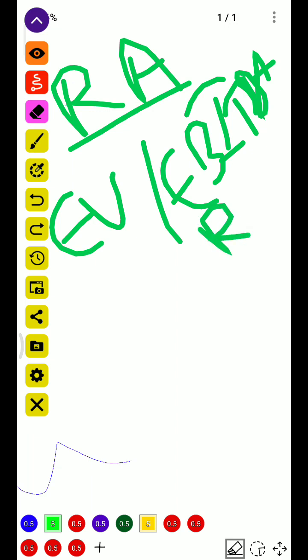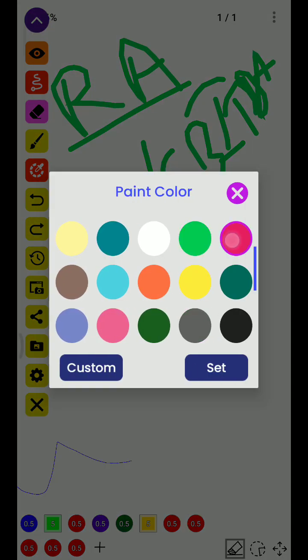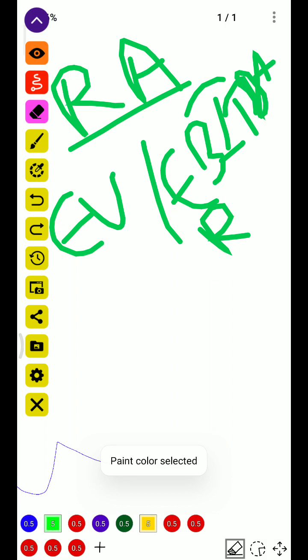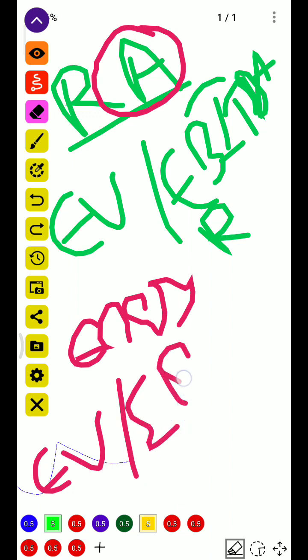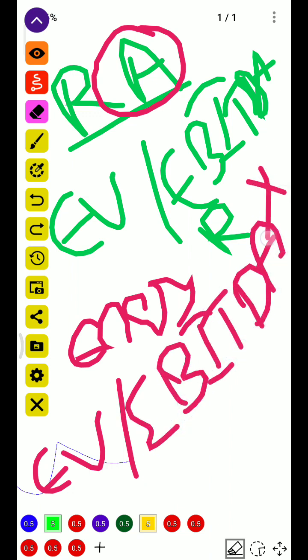If you go for energy, here we will have EV divided by EBITDA, with an X added. What is this X?